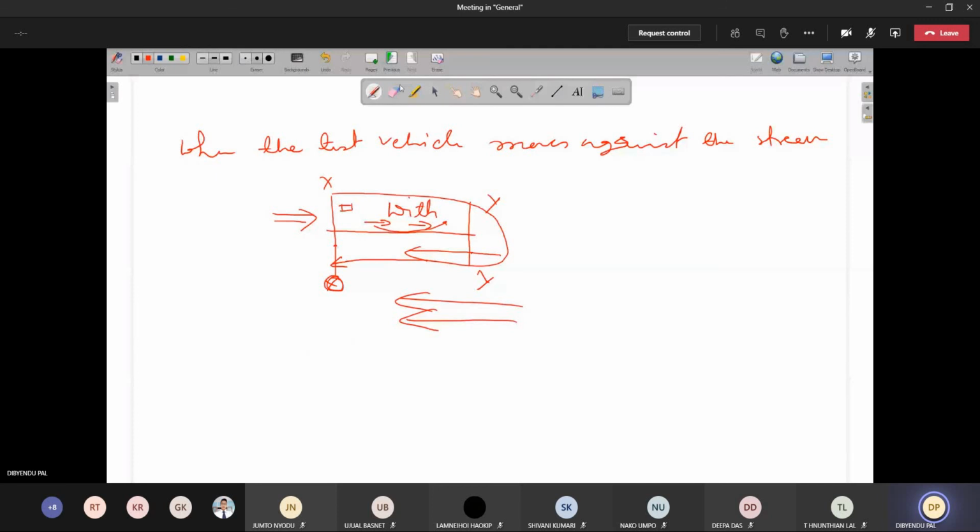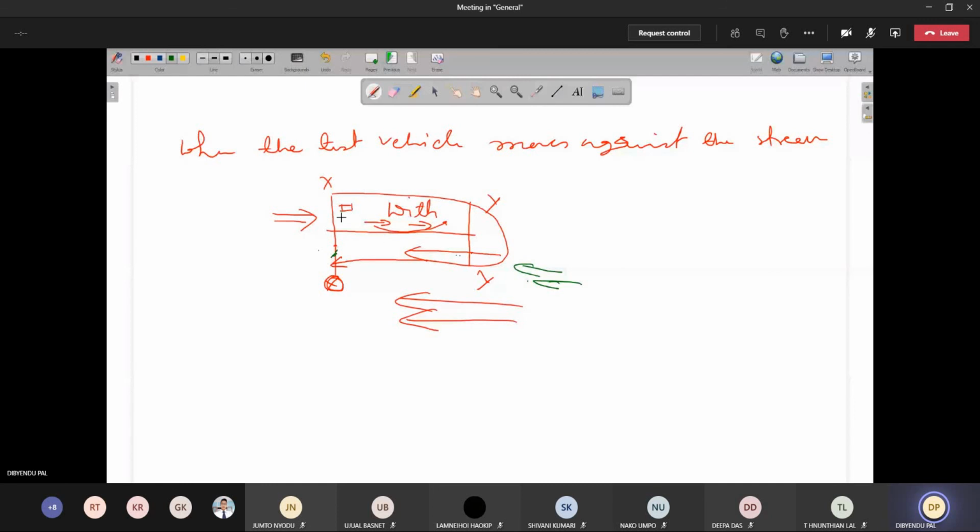The vehicles which are coming from this direction have already reached this particular location before the test vehicle reaches it. That means all the vehicles have overtaken the test vehicle, but the test vehicle has overtaken nothing.